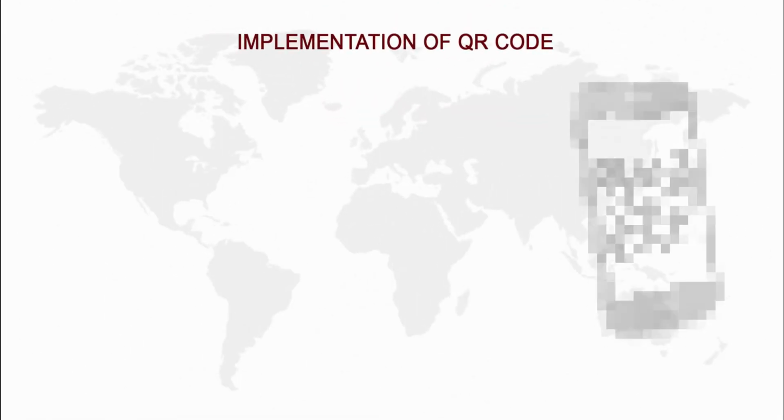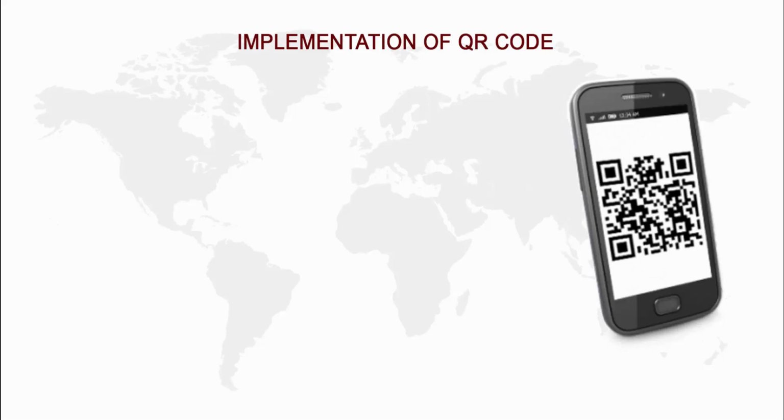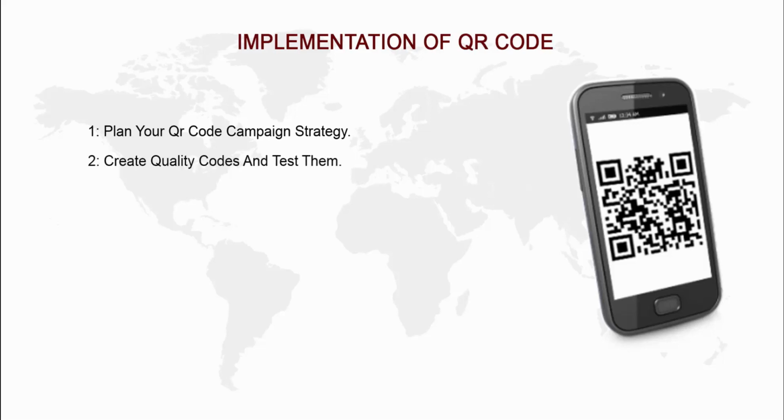Now, when you're starting with QR codes, first of all, you need to prepare a marketing strategy. It plays a very important role because it will help you do push marketing using mobile marketing as a theme. First of all, you need to plan your QR code campaign strategy. The second feature is to use quality products and quality codes, and simultaneously you need to test them also.